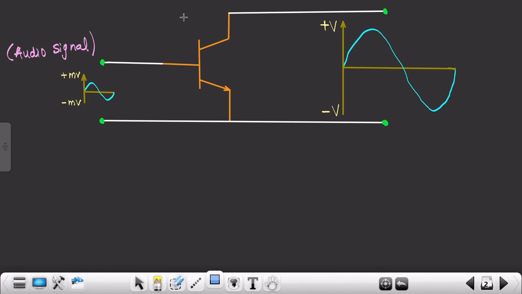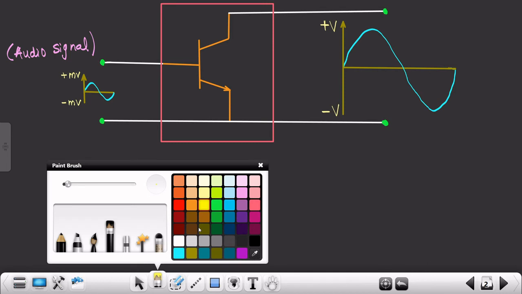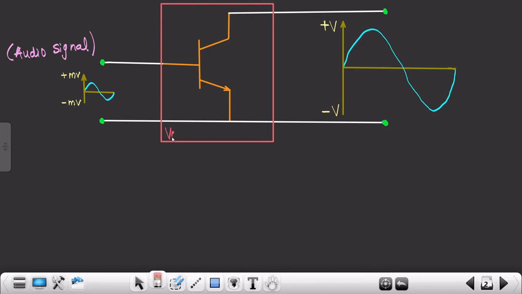So let me write over here: voltage gain of an amplifier, or voltage gain of this particular system, and over here the system is nothing but a BJT amplifier. It is denoted by AV. You need to understand the voltage gain of the system.